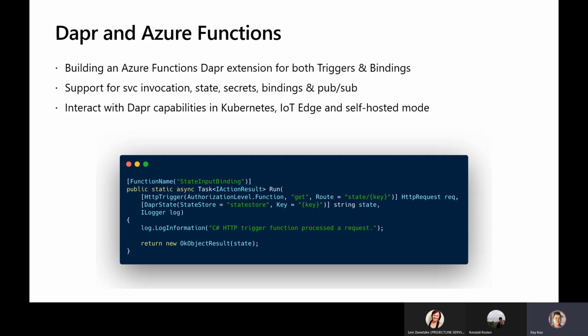Dapr and Azure Functions. Kendall, do you want to talk about this a little bit more as well before we move on? Yeah, not too much to talk about here. I think the biggest thing is just that Azure Functions does have a Dapr extension for triggers and bindings, as is mentioned, right? So basically you can interact with some of the Dapr capabilities.